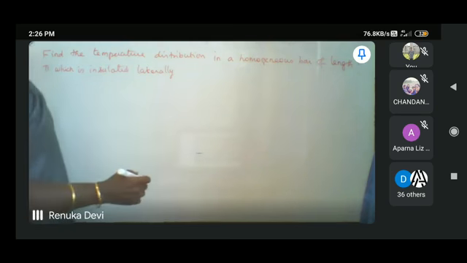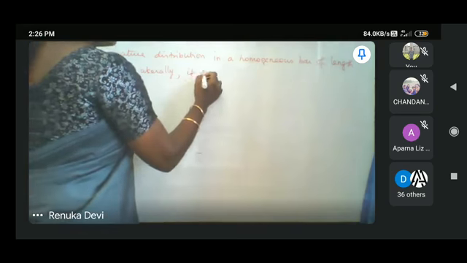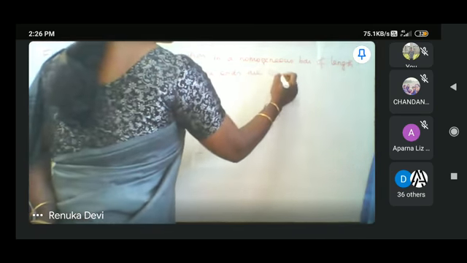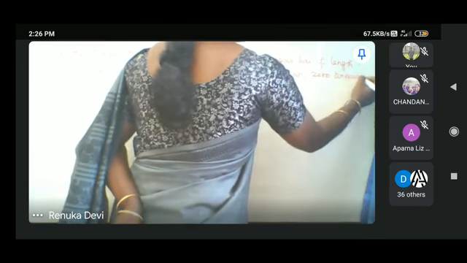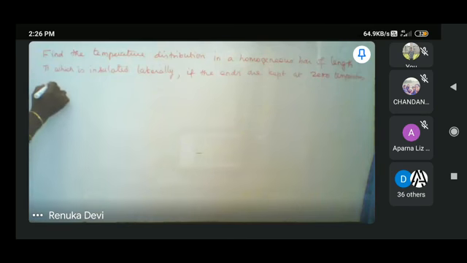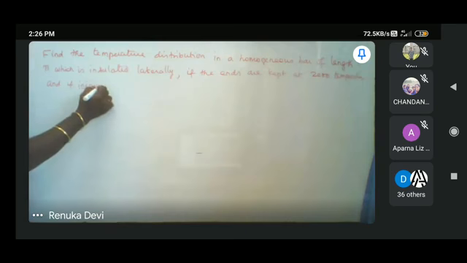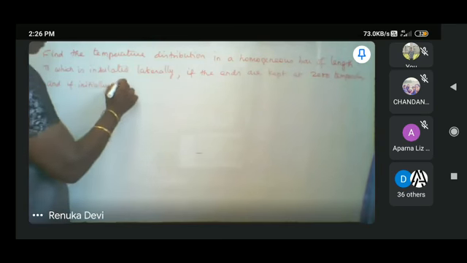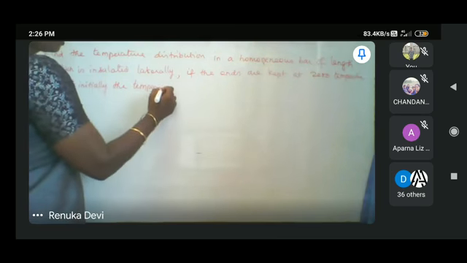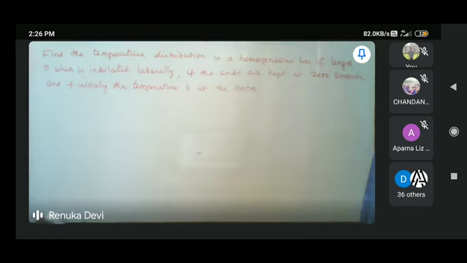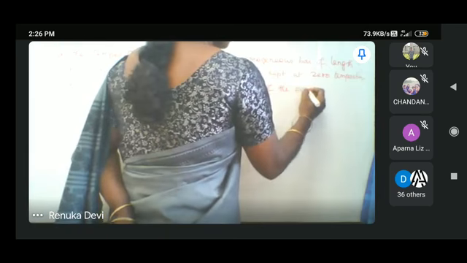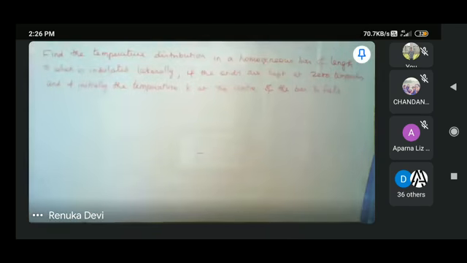If the ends are kept at zero temperature, and if initially the temperature is K at the center of the bar, and falls uniformly to zero at its ends.